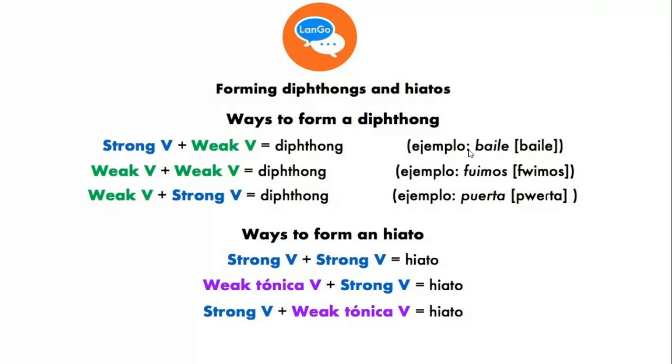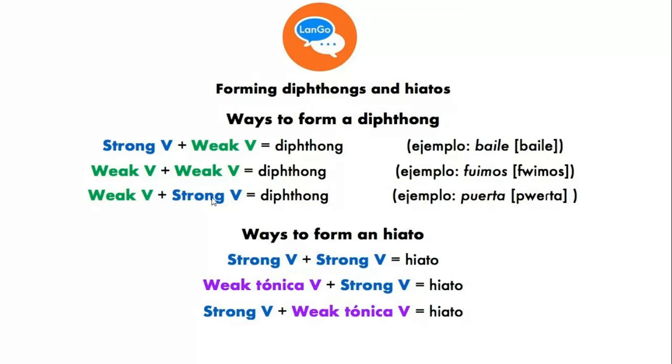That's baile. The A and the I form sort of a teamwork, a friendship, if you will, and they make one sound. If you have two weak vowels together, you can also have a diphthong. That's like fuimos. The U and the I are both weak. You have fui. Sort of makes that W sound that they have there.